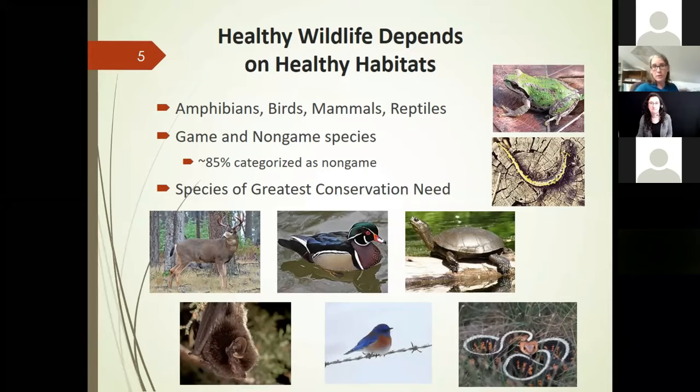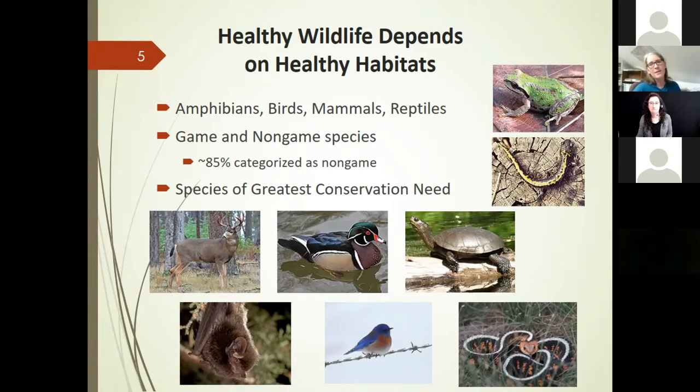So wildlife includes game species and non-game. So game, those species that you would be able to harvest, as well as the non-game, those that are not traditionally hunted or that currently aren't regulated in that manner. And of all the fish and wildlife species in Oregon, 85% of those fall into that non-game category. So non-game species, and that's actually my area of focus, just to let you know. I didn't define my position very well.